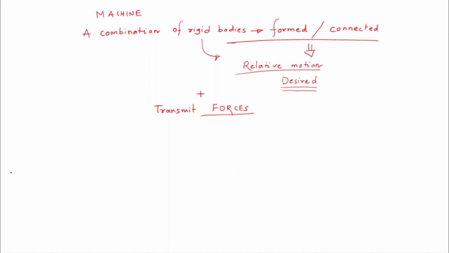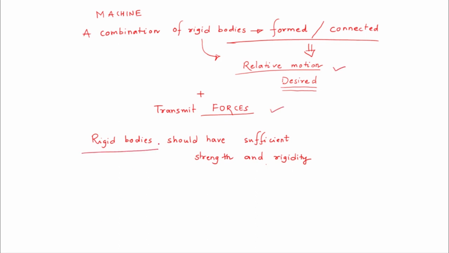From that it will be transmitted to the crankshaft. So machine is a combination of rigid bodies which we are forming together, and that will generate the relative motion as per the desire, and it is transmitting the forces as well. To satisfy these two requirements, the rigid bodies should have sufficient strength and rigidity.